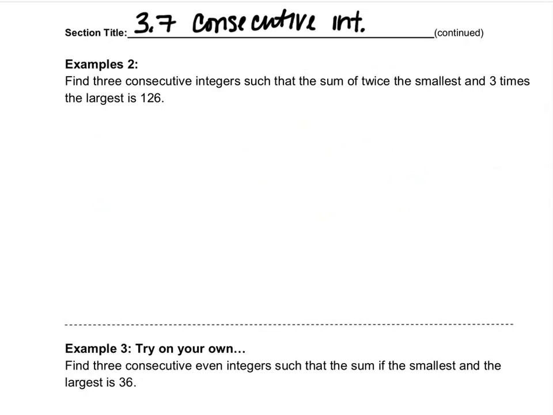I'm going to go consecutive int / VOBS. Okay. So in example 2, it tells me to find 3 consecutive integers such that a number of twice the smallest and 3 times the largest is 126. Okay, so I know I'm working with 3 numbers.